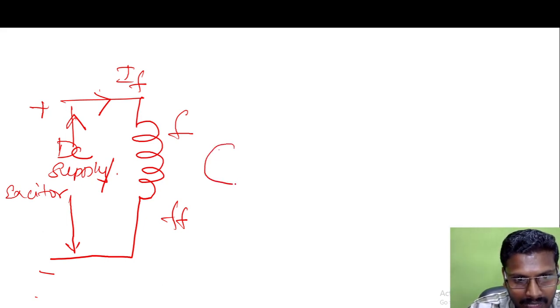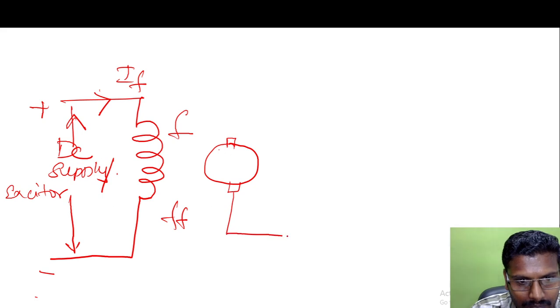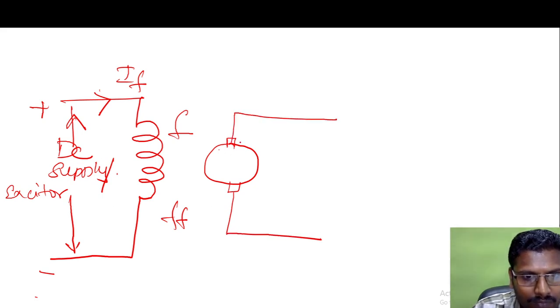Here I am going to have my armature winding. So this is the generator and this is the armature winding, with ends A and A, or A1, A2.